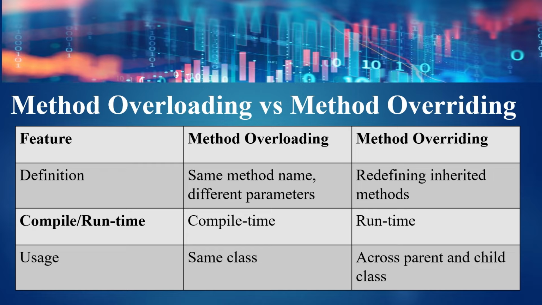When it comes to usage, overloading methods is done in the same class. In C++, you can also overload methods outside the class, but it has to be in the same scope. Method overriding, or function overriding, is done using inheritance. You have your method in your base class and you redefine that method in your child class.